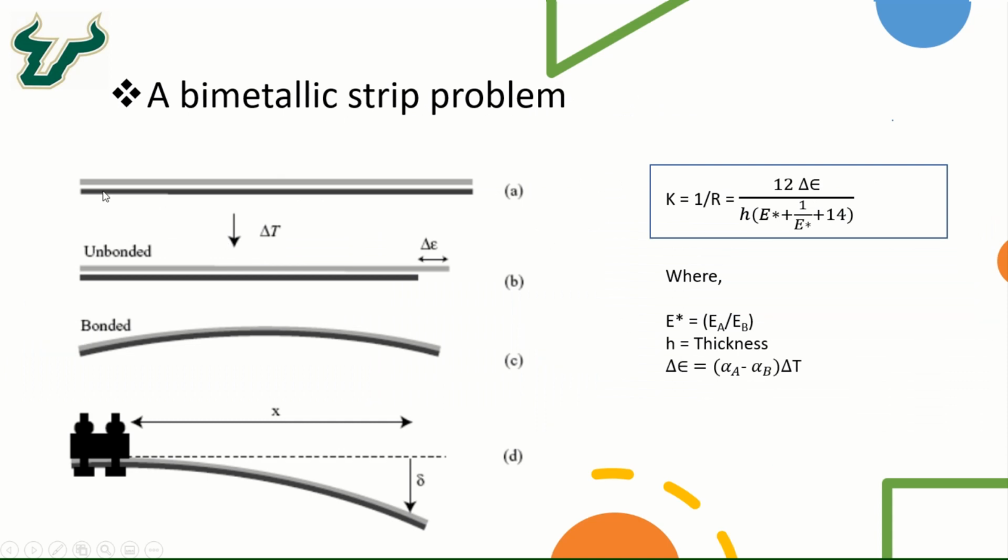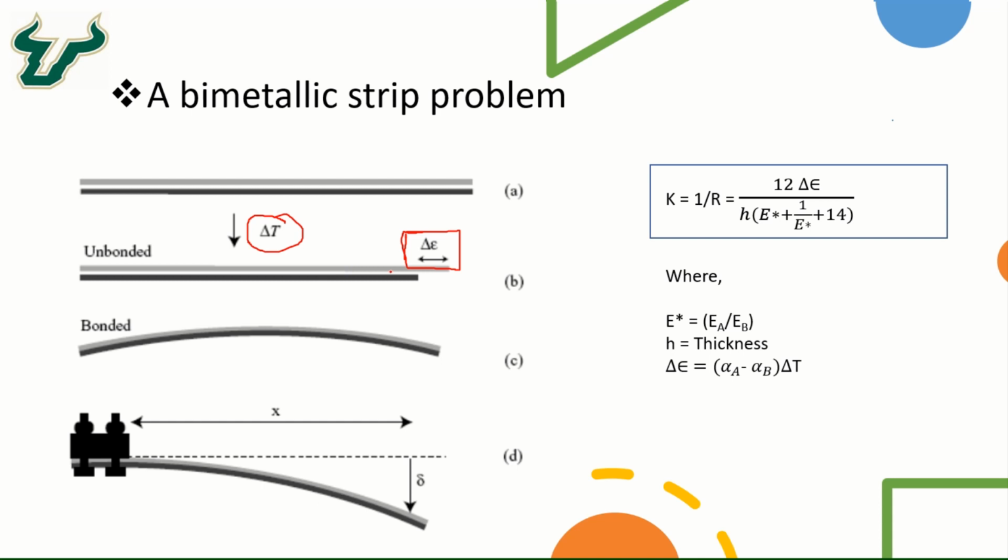As shown in this figure A, these are the two strips of different metals, and if they are unbonded and you have a temperature difference, then there is going to be an expansion or strain in the amount of delta epsilon, and this delta epsilon is related to the coefficients of linear expansion and the temperature difference.